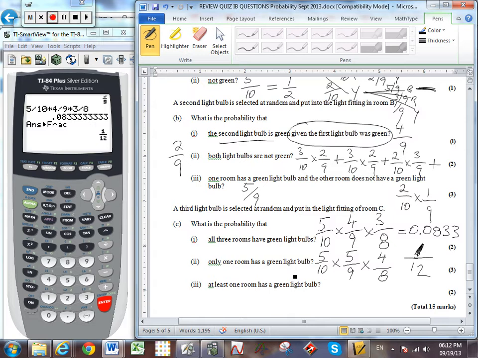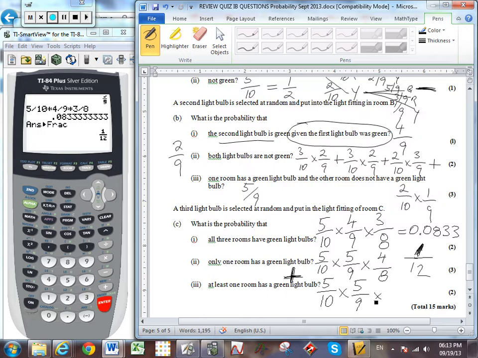Now we need to add that to the possibility that the green happened in only the second room. So we had the 5 red or yellow in the first selection, and then we've got the green, which we said is going to be in the second room. There are 5 greens left out of the 9 remaining bulbs.